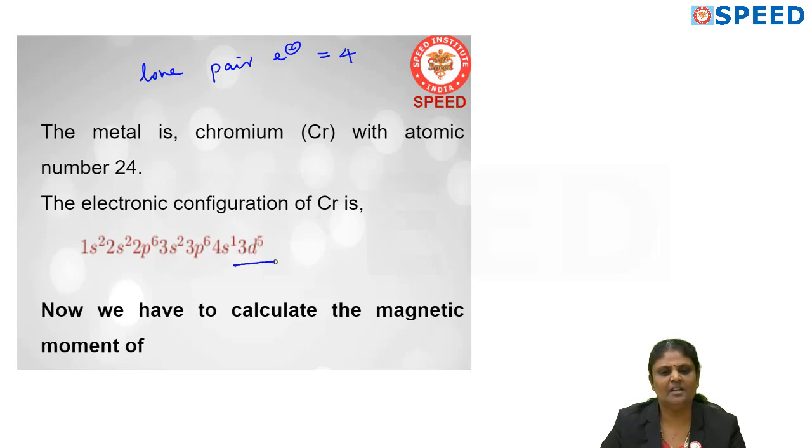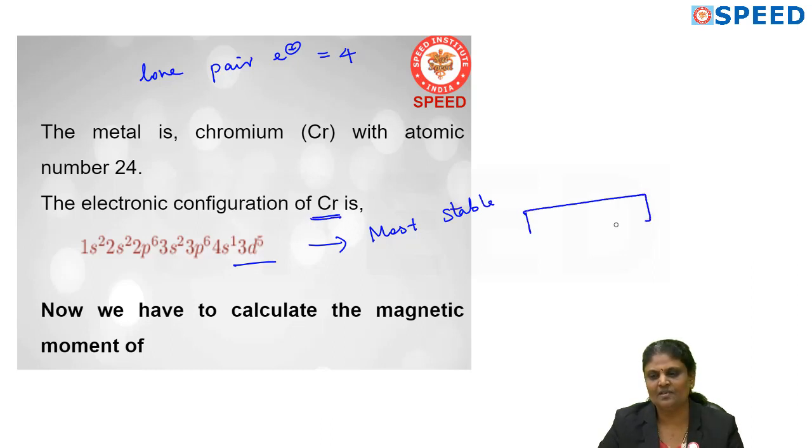See, this is 3d5. This is most stable due to the half filled orbitals. It is most stable in the ground state of Cr, because all the d orbitals have only one electron each, so half filled d orbitals.